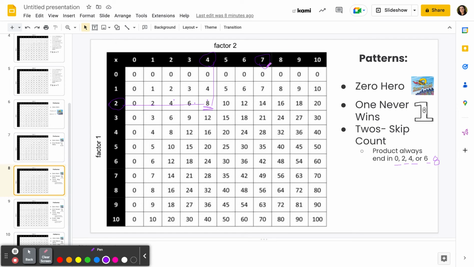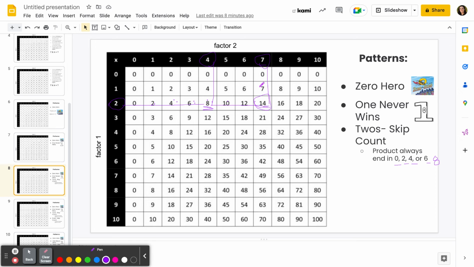How many times am I going to skip count by 2? 7 times. 2, 4, 6, 8, 10, 12, 14. 2 times 7 equals 14. I have a 4 in my ones column. We always have an even number in our ones column.